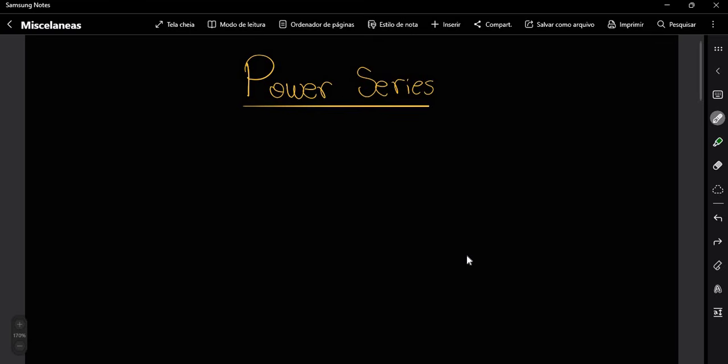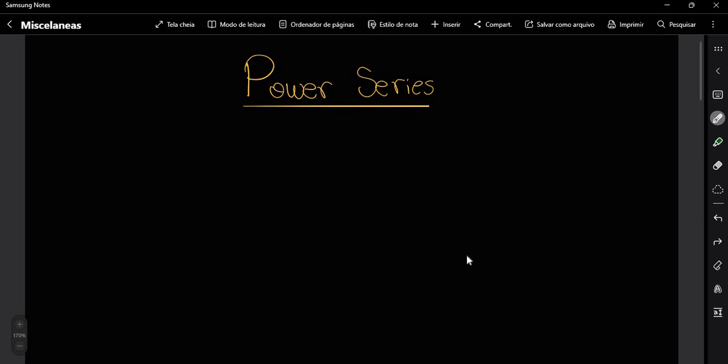This book covers power series in chapter 8. So let's use this book to cover the chapter miscellany from Signals and Linear Systems.